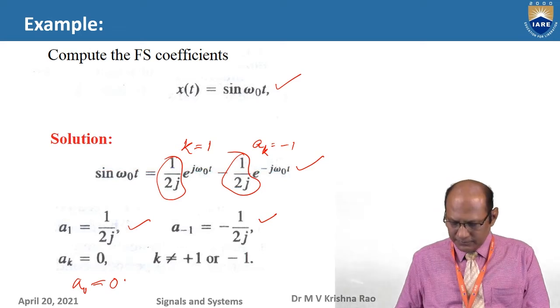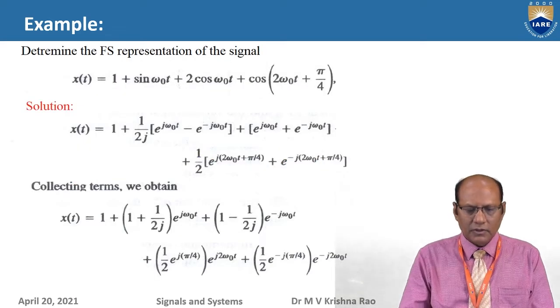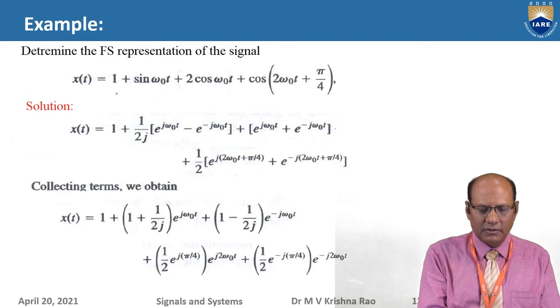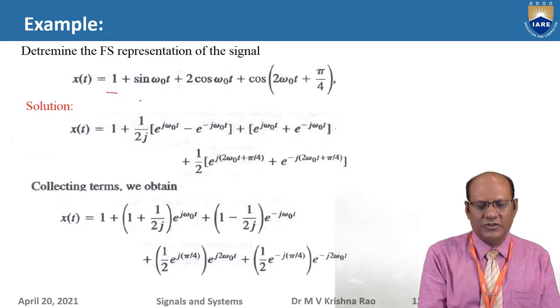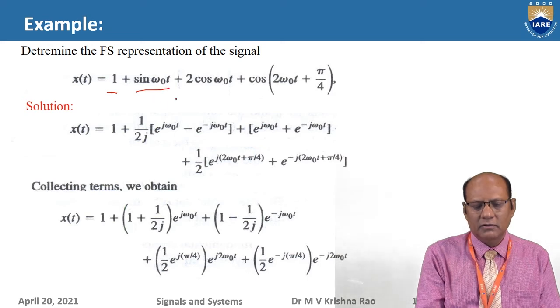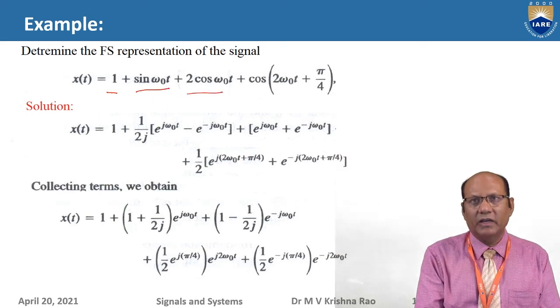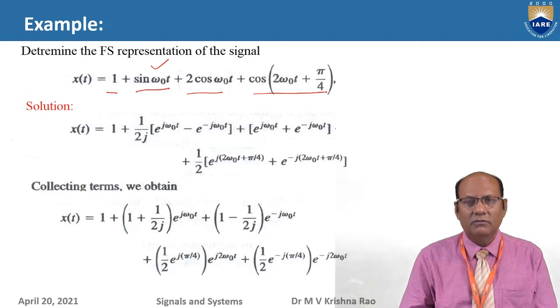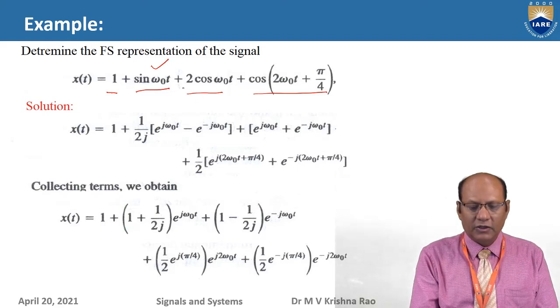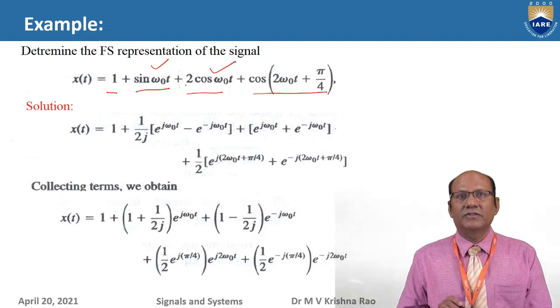Now, take another example, a bit bigger example. First term constant, sin omega naught t, 2 cos omega naught t. Here, this is the fundamental frequency. Here 2 is the amplitude, but the frequency is again the fundamental frequency.